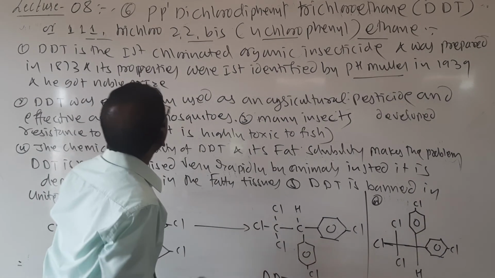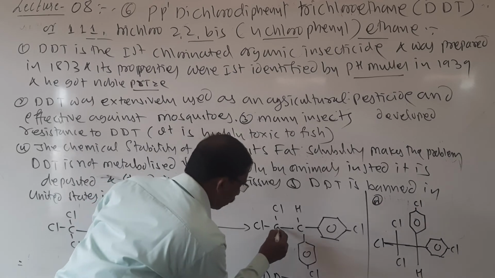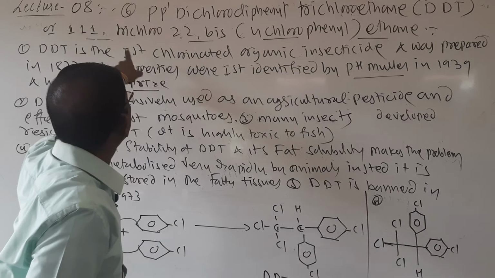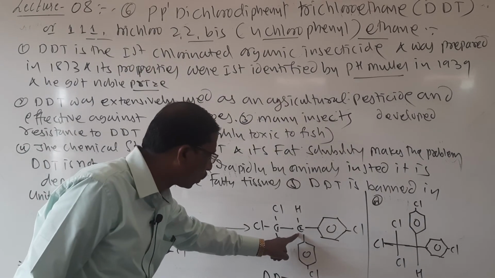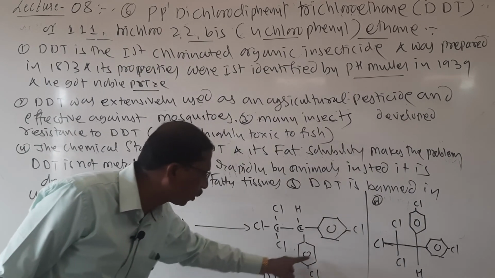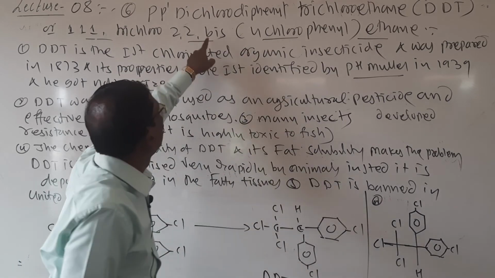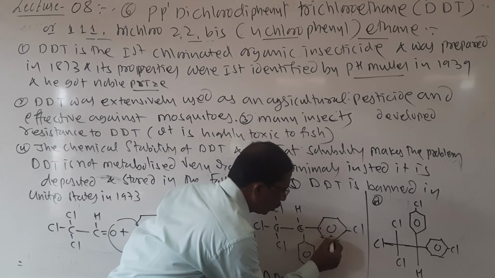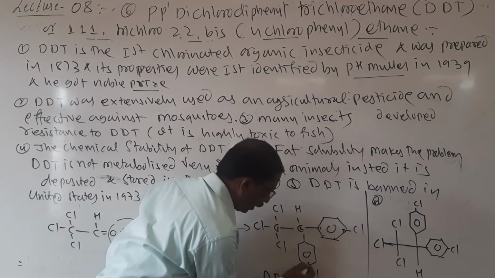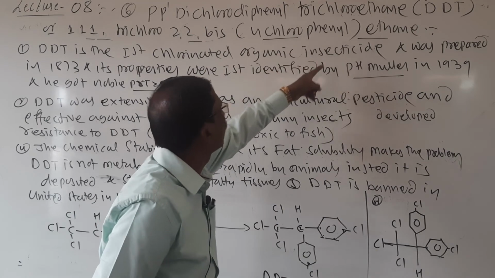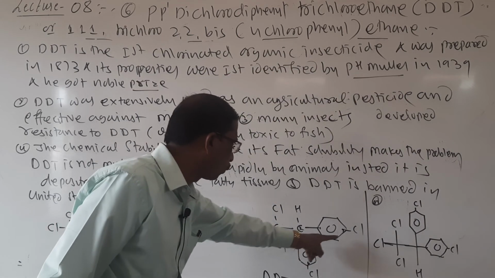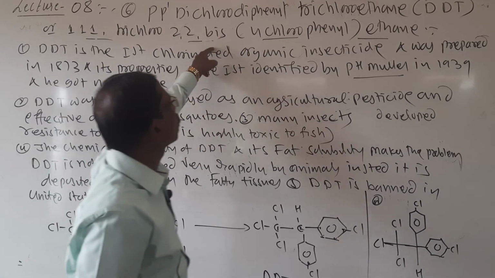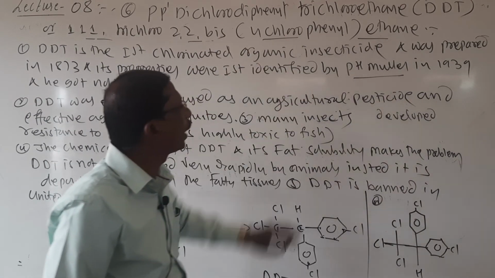Trichloro, and 2,2-bis: bis means 2 phenyl groups are there, each with chlorine at position 4, so 4-chlorophenyl. Bis means it is common to both, 4-chlorophenyl ethane.